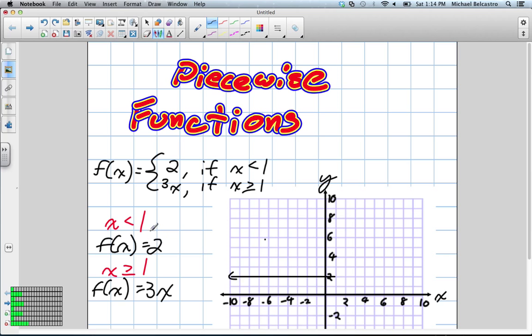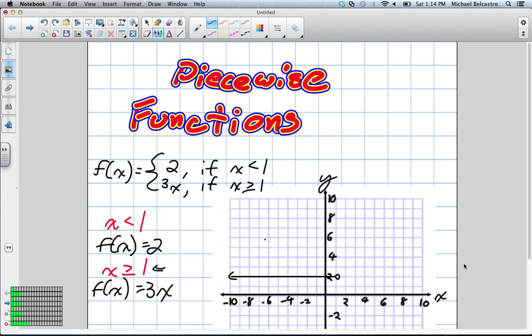And now with piecewise functions, because this one says less than 1, at 1 it's not technically that value. So what we usually do is we put a hollow circle there, saying that at that value it's not quite that equation, but anything less than that it is. And then when we're starting at x is equal to or greater than 1, that's our new function. So we actually have to figure out what that new function is.